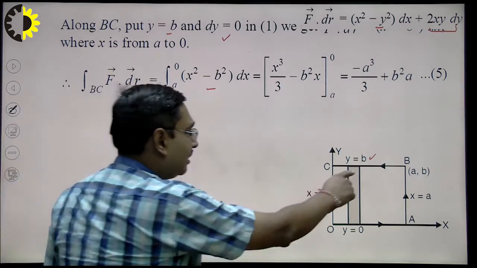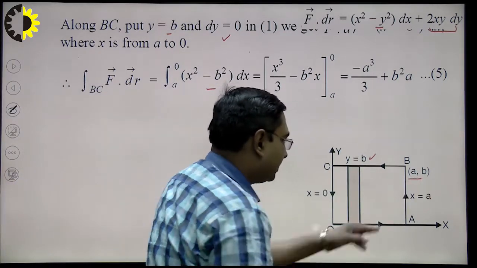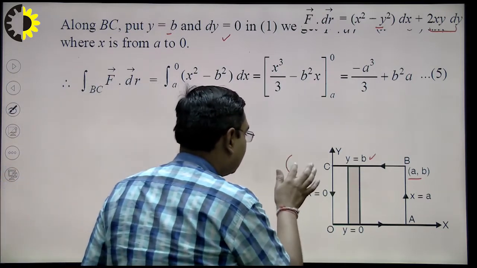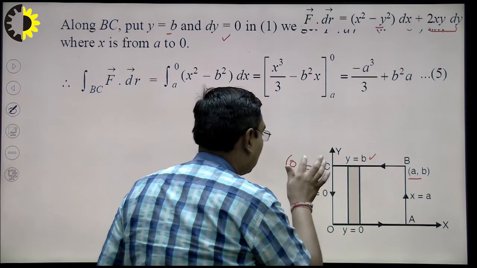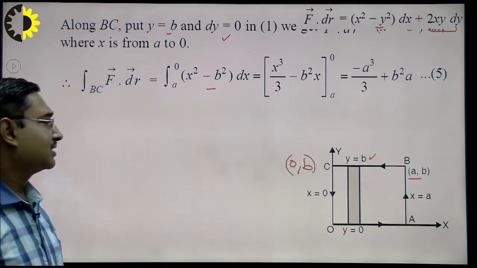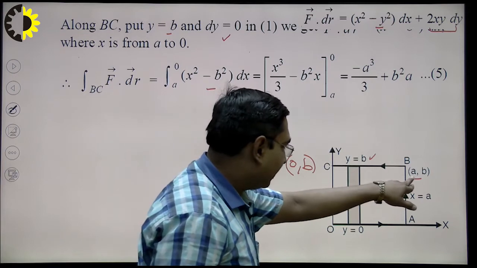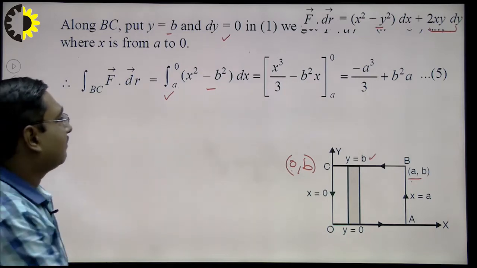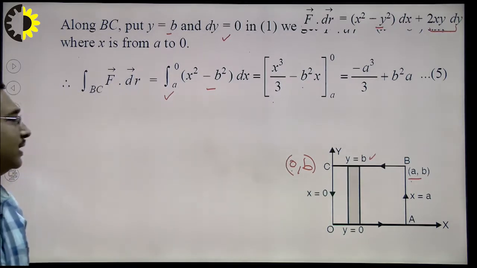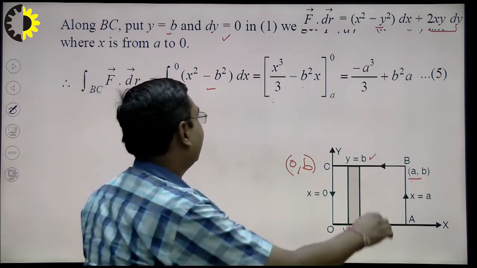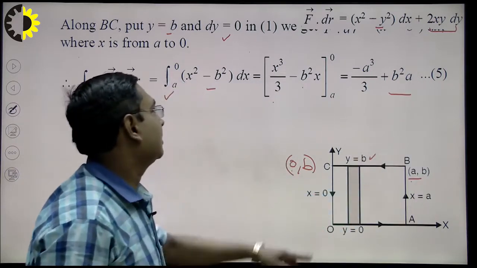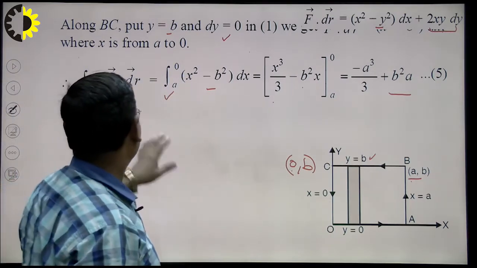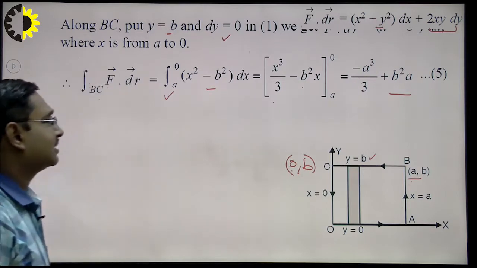Along this line BC, x is equal to a at point B, and the coordinates of this point C are (0, b), because this point is lying on the y axis. So the values of x vary from a to 0, and applying those limits I obtain x³/3 − b²x. Calculating, I obtain the value as −a³/3 + ab², which is the value of the integral along this line BC.